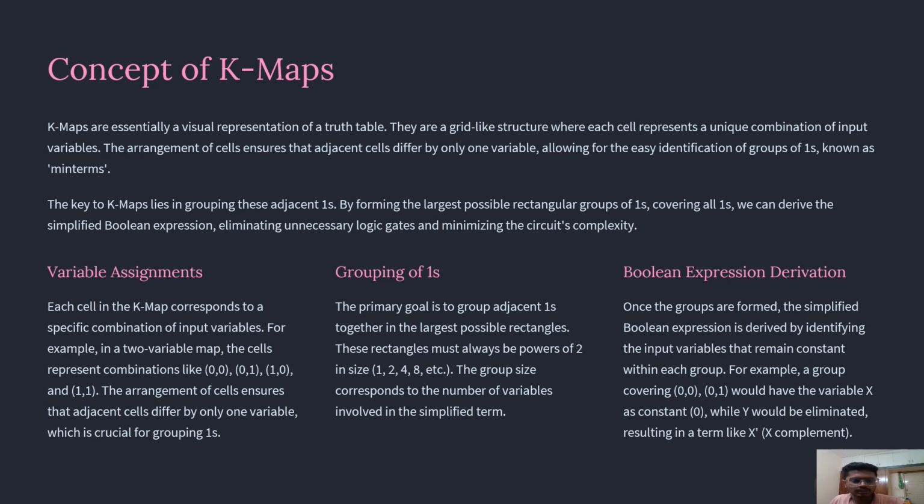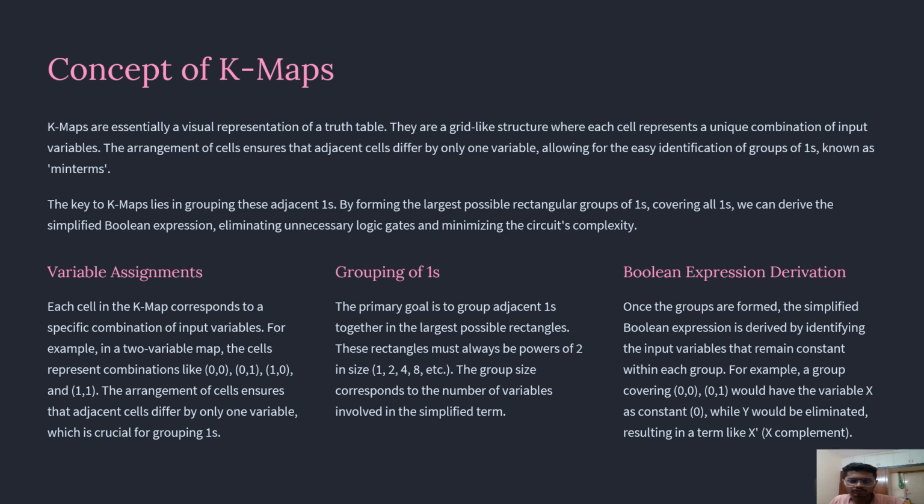The arrangement of cells ensures that adjacent cells differ by only one variable, which is crucial for grouping ones. Grouping of ones. The primary goal is to group adjacent ones together in the largest possible rectangles. These rectangles must always be powers of 2 in size. The group size corresponds to the number of variables involved in the simplified term.